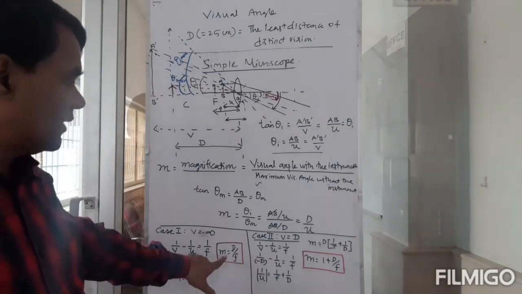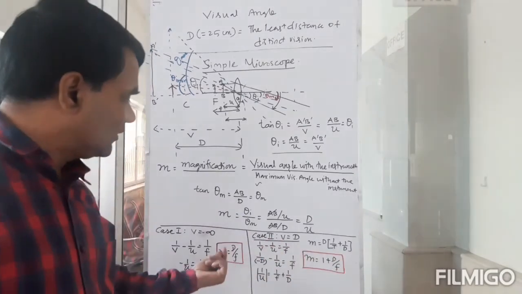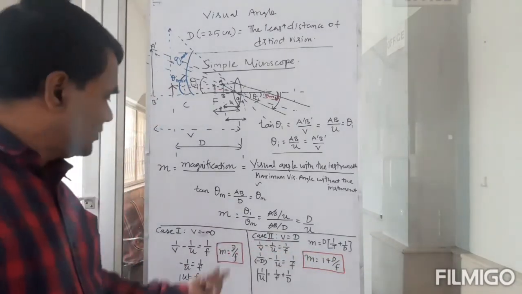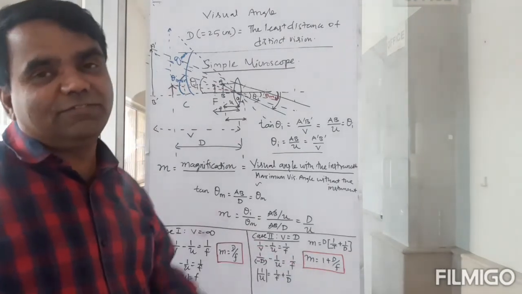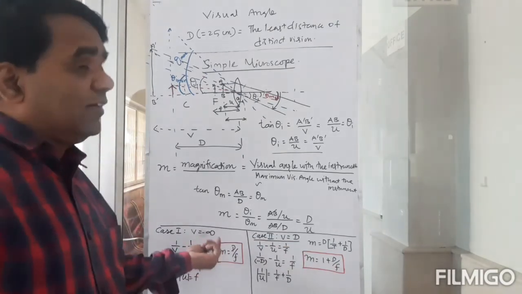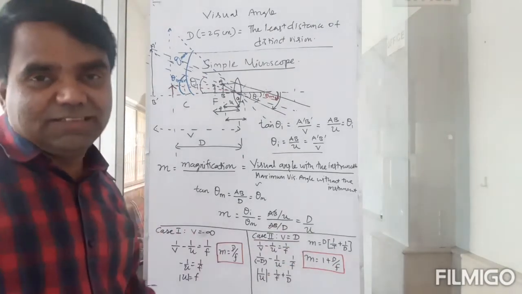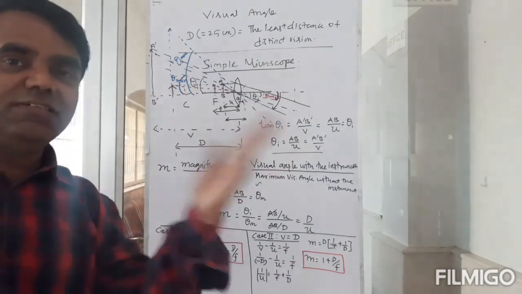So this is the minimum magnification, and this is the maximum magnification, and the difference is only 1. If D by F is say 3.5, then you will get 4.5. If this is 5.5, you will get 6.5. If this is 10.3, then you will get 11.3. So that's the magnification range.